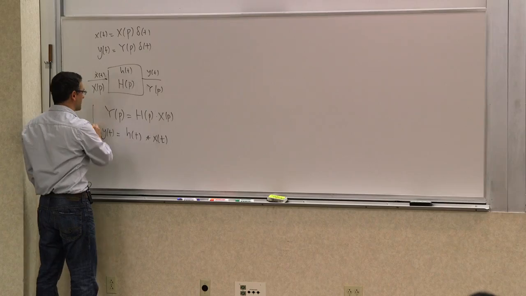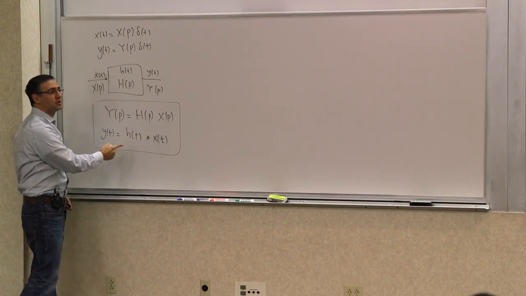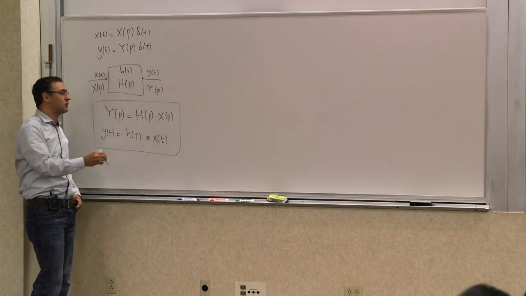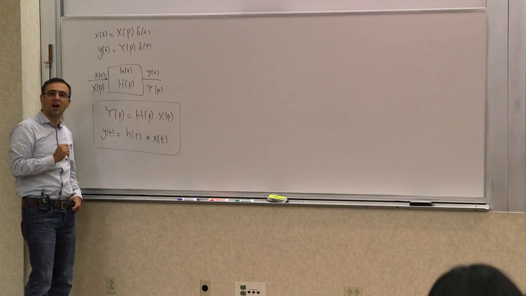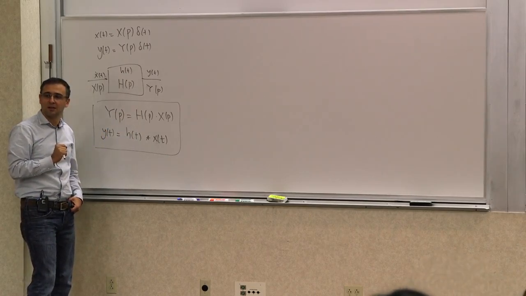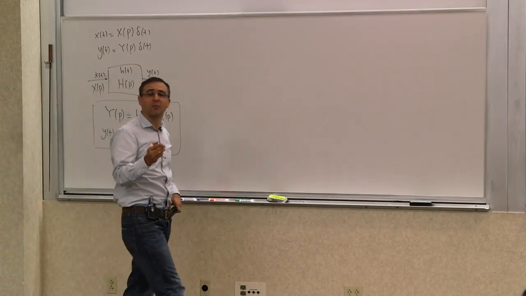So the key result here was that the convolution in time domain corresponded to a multiplication in the operator domain, which we saw later on, which was basically the complex frequency domain.